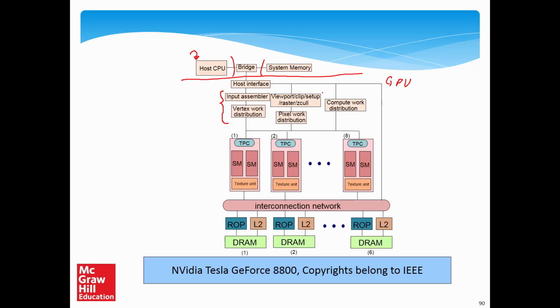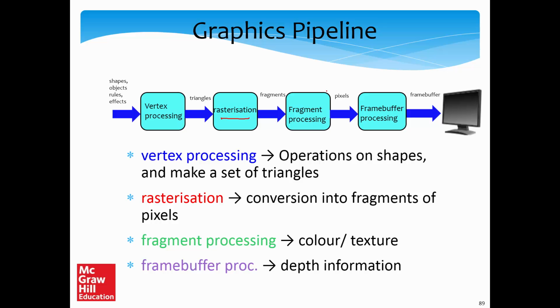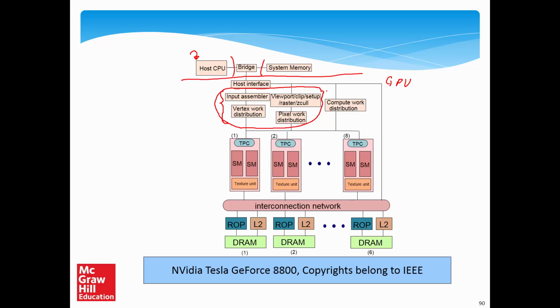All of this part becomes the traditional GPU, which is exactly what we have seen in the previous slide. This is the work of the traditional GPU: vertex processing, rasterization, fragment processing, and frame buffer processing. All of this work is done in this part of the circuit.